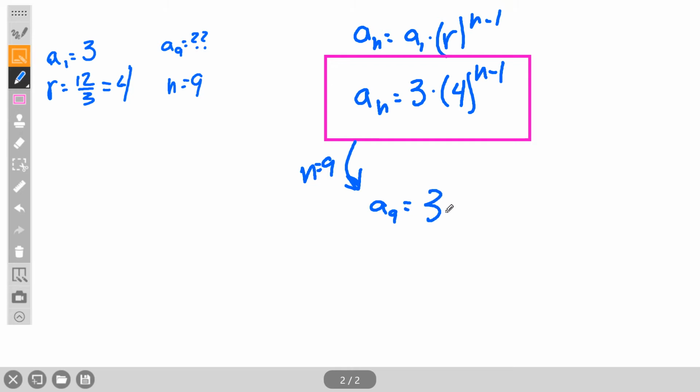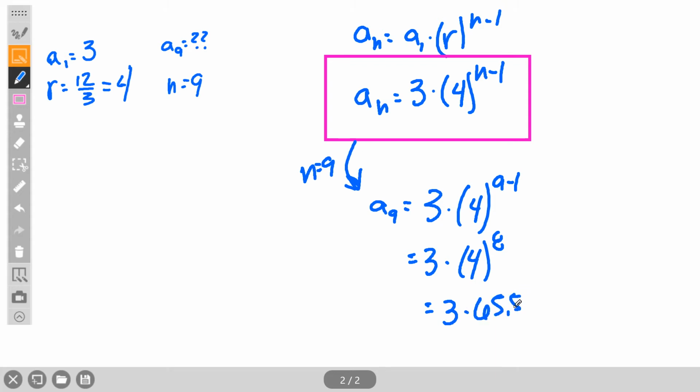A9 equals 3 times 4 to the 9 minus 1. That's 3 times 4 to the 8th. So that's 3 times whatever 4 to the 8th is, 65,536. Multiplying that by 3, 196,608.